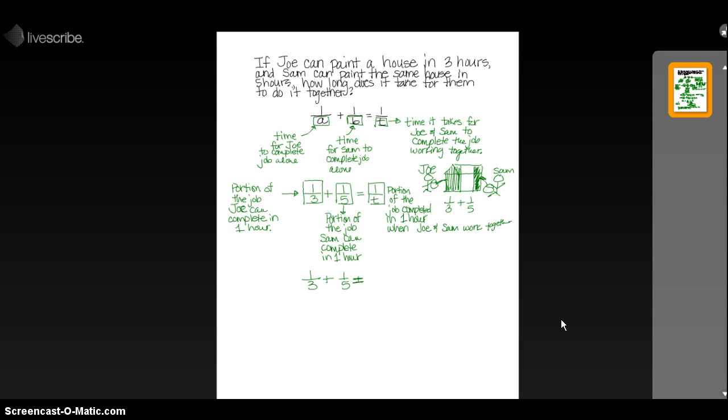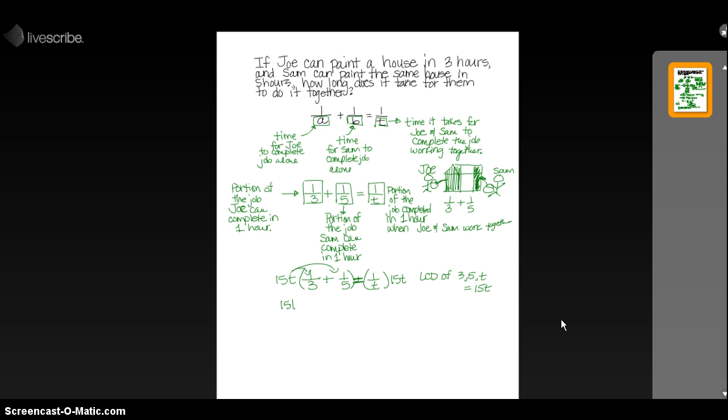So I have 1/3 plus 1/5 equals 1 over T. This is an equal sign right here. All right, so we need the LCD of 3, 5, and T. So that's just going to be the product of all of them. So it's going to be 15t. So I'm going to multiply both sides of my equation by 15t. And then what I'm going to do is I'm going to distribute.